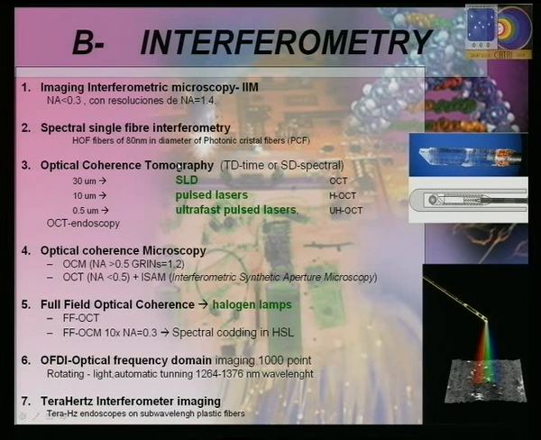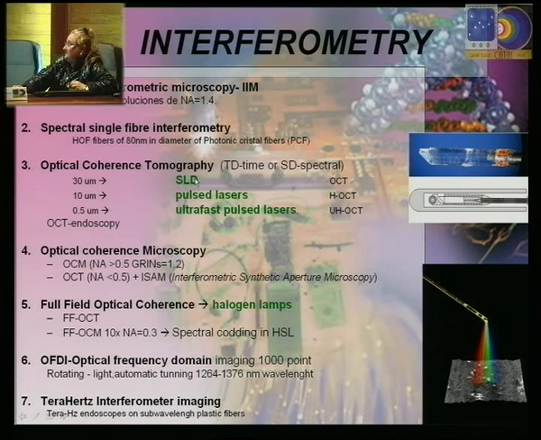Optical coherence tomography, as you have seen in the previous talks, has improved a lot, but mainly has improved through the type of light source, from the superluminescent diodes to the pulsed laser and the ultrafast pulsed laser. This is the latest generation that has an ultra-high resolution up to 0.5 micrometers.